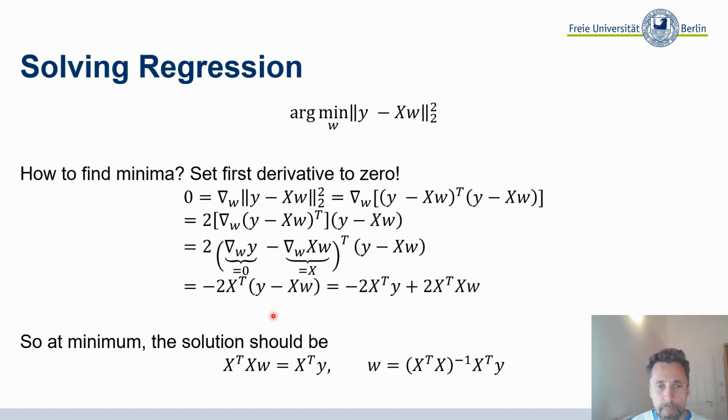Now let's just cancel away those two 2's, and get this over to the other side, then that's the equation that is the solution where this expression is minimal. Yeah? So because it's quadratic, we don't have a maximum, we have a minimum.